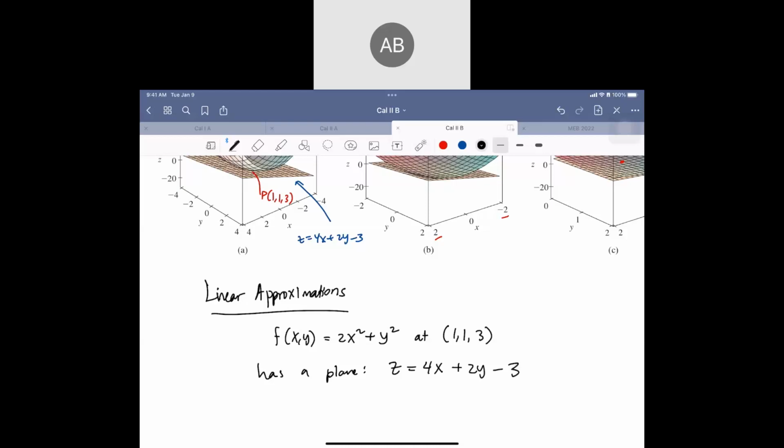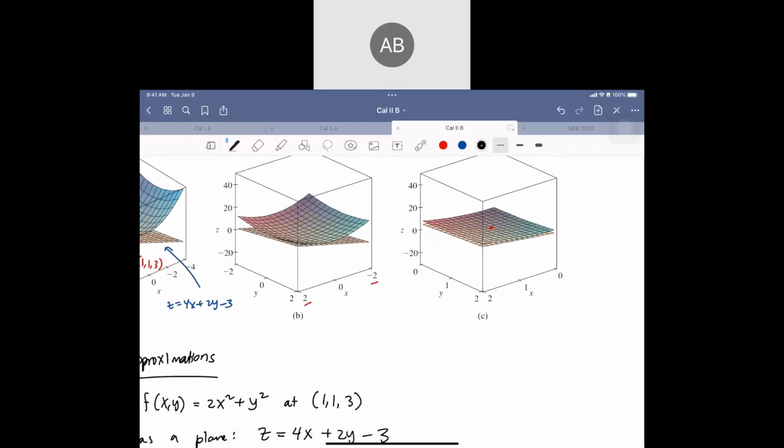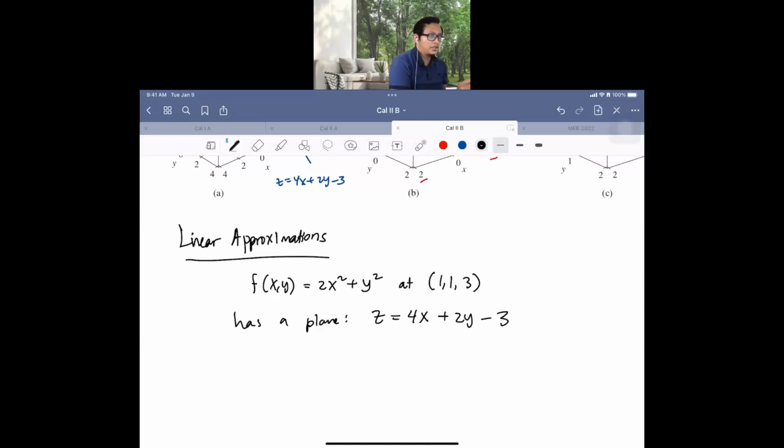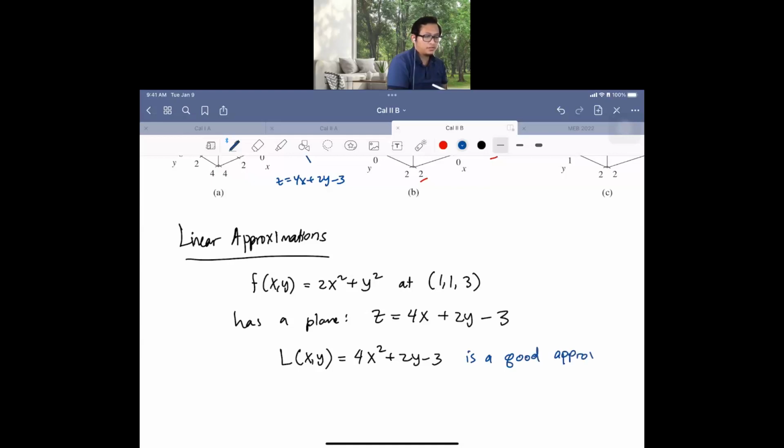As we can see from this picture, as we zoom in and zoom in, when we are evaluating the nearby point of P, we can say that this L, this plane equation, is a good approximation to the function f(x, y) when (x, y) is near (1, 1).